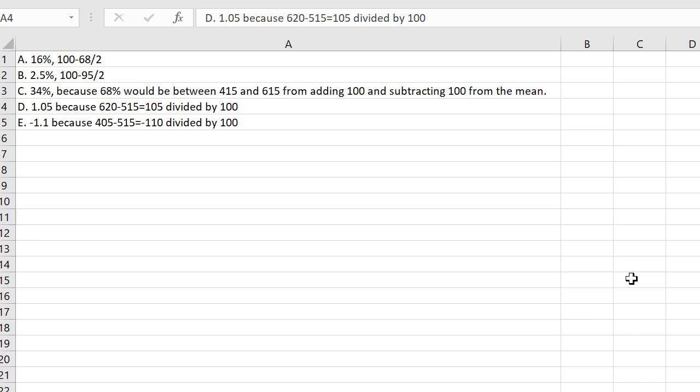The next problem is problem 23, and keep in mind this tests your understanding of the empirical rule, which can be found on page 52. What it says is, if you have a normal distribution and you look at your standard deviations, what proportion of your results should be within those standard deviations.